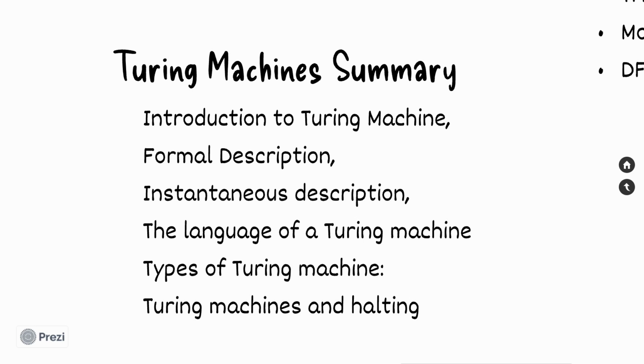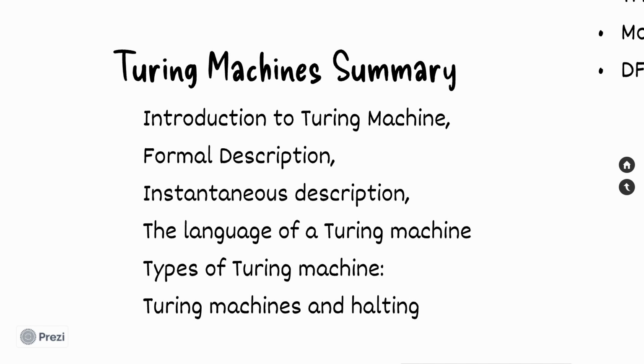In this video, we have looked at the introduction. We've talked about Turing's thesis and what a Turing machine is. We have also formally described a Turing machine using a 7-element tuple. We've also seen a description of a Turing machine using a transition diagram.